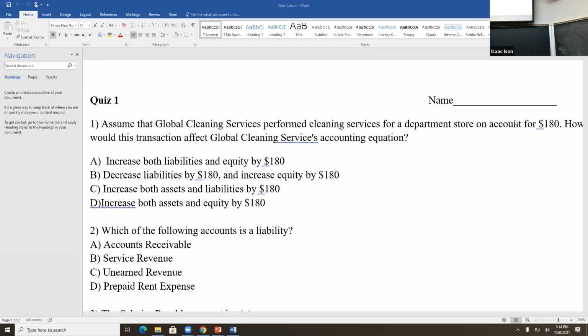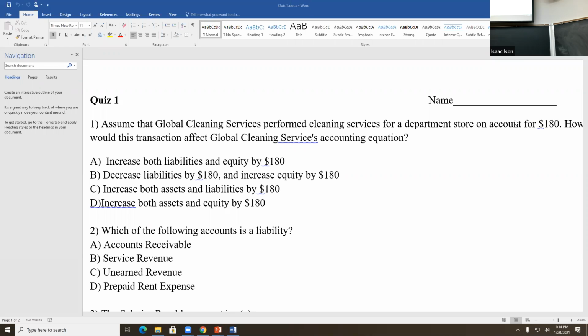Okay, cool. Number 9. This one we haven't really talked about yet. We've talked about journal entries. Remember, in a journal entry, the left side is going to be your debit. You always list your debit first, and then you indent and list your credit, correct? Everyone's good with that?